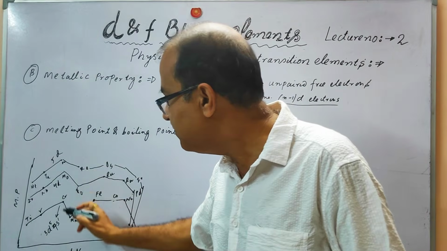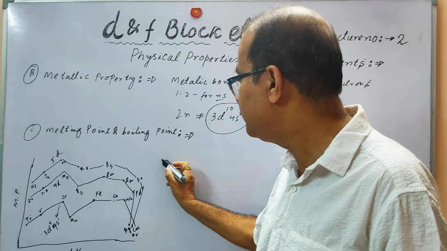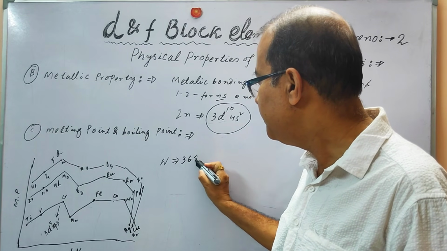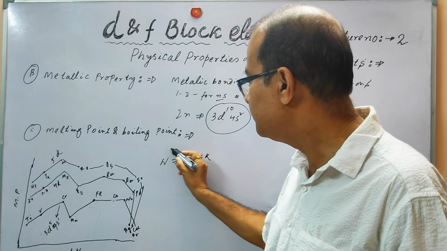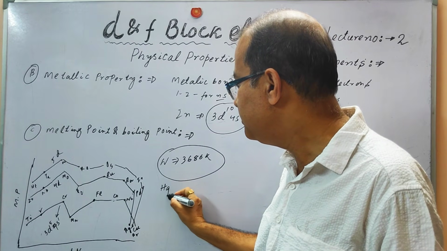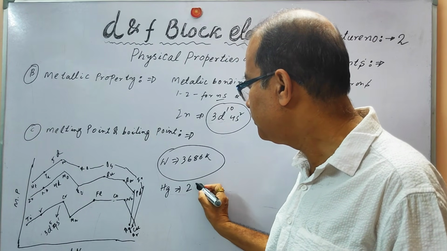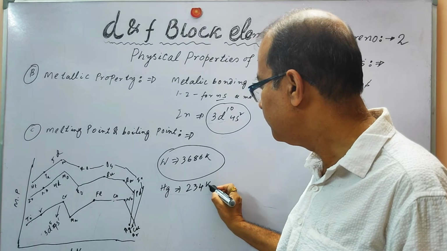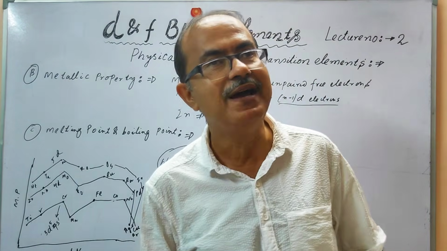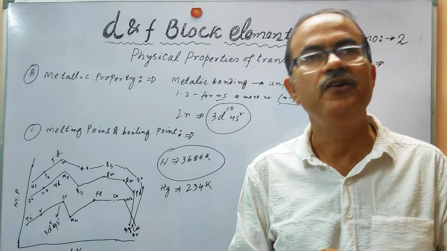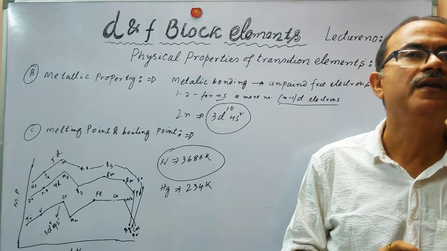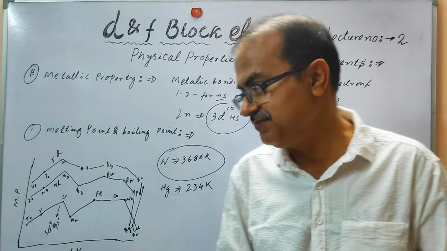The melting point of tungsten is 6086 Kelvin, a very high melting point, whereas in the case of Hg it is only 234 Kelvin. So mercury at room temperature is liquid. Why is it so? Because it is a poor metal with weak intermetallic bonding.